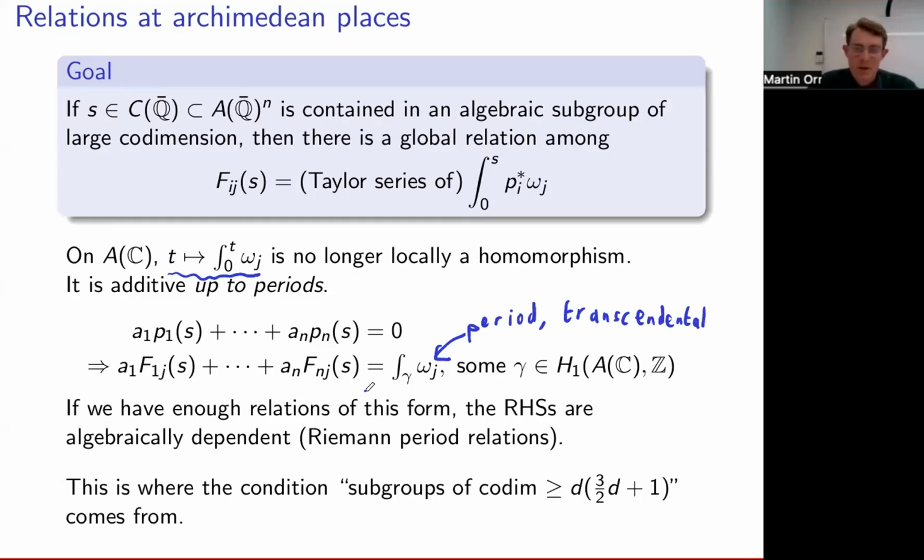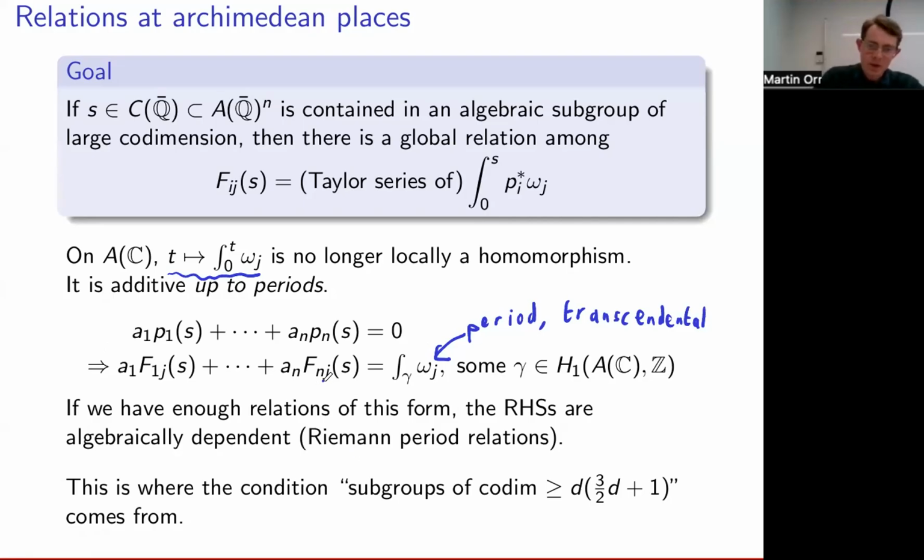But what we can say is that if we have a lot of relations that are all similar to this, the various different transcendental numbers that appear on the right-hand side will be algebraically dependent. They satisfy the relations called the Riemann period relations for an abelian variety.